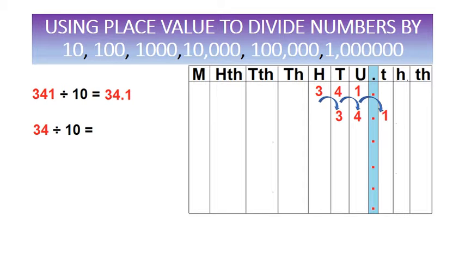Let's look at another example. This time 34 divided by 10. And again, each digit has just moved 1 place to the right. So 34 divided by 10 is 3.4. Let's look at the last example. This time 3 divided by 10. And people's reaction is quite often, well, I can't do that.